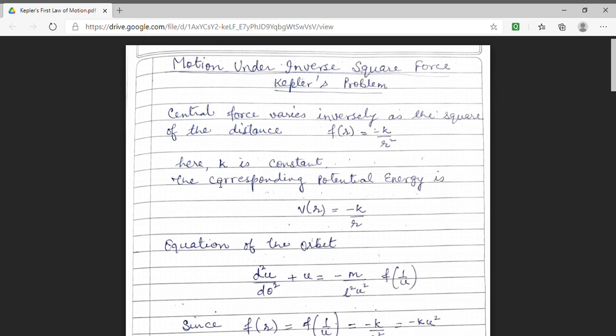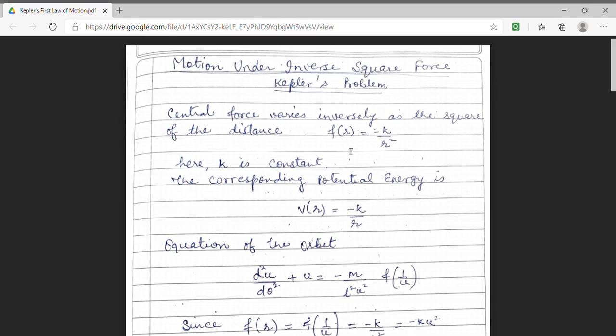For this purpose we are taking our force to vary as inverse of square of distance. And since we are dealing with an attractive force, our force will be expressed as minus k upon r square. This force is a function of r. Here k is a constant.